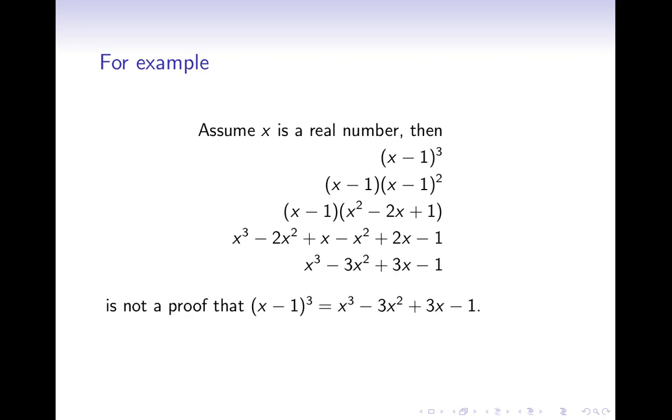So this is not a proof that x minus 1 quantity cubed is x cubed minus 3x plus 3x minus 1, mainly because it doesn't really make sense when you read it out loud. These are not sentences. You need the equality symbol to make this into a sentence.